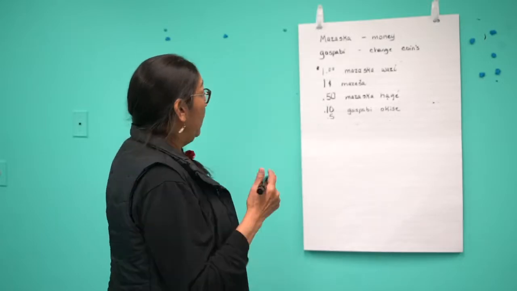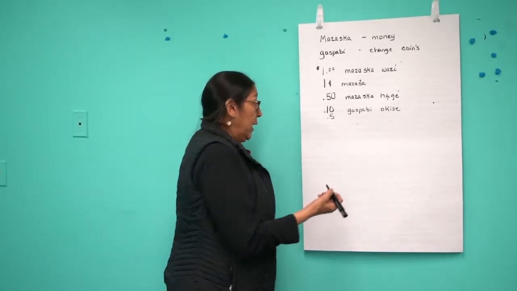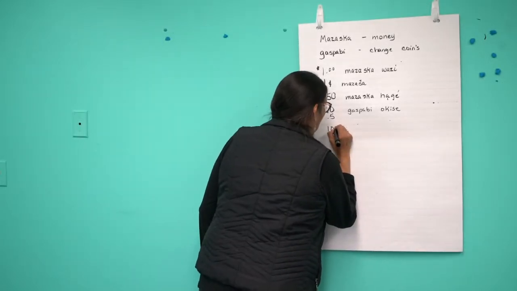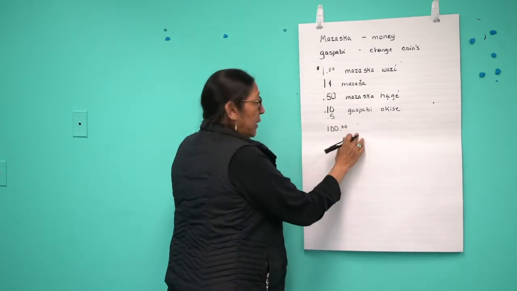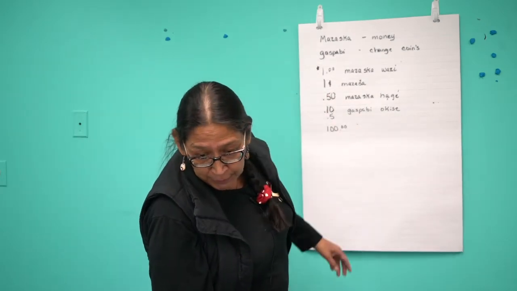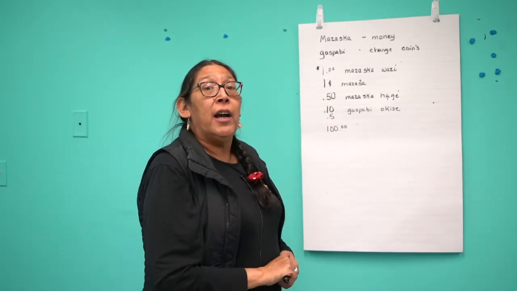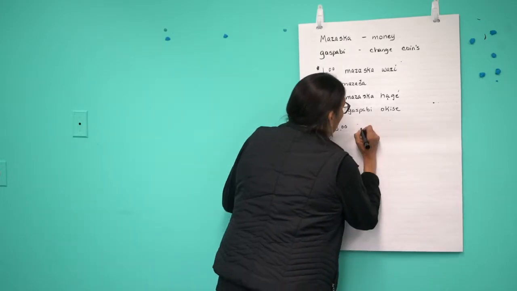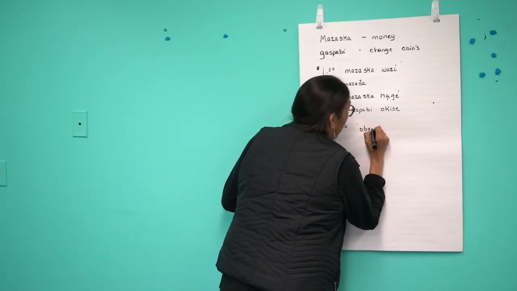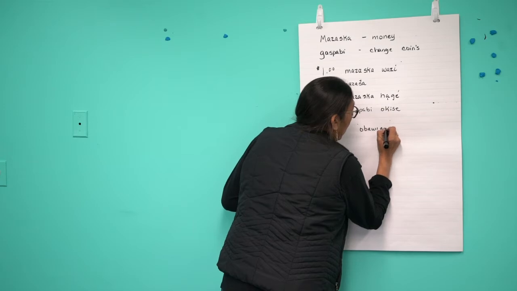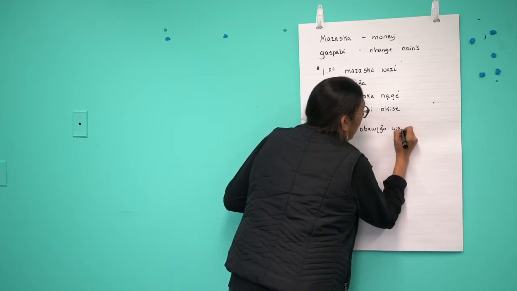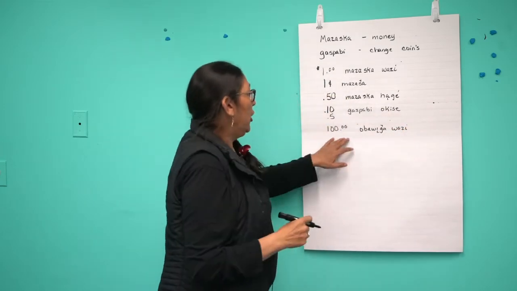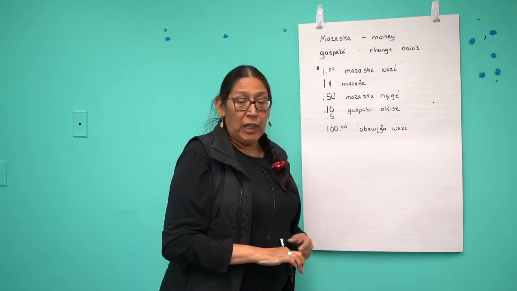Then you get down, if you're fortunate enough to have mazaska oda yuhachen, mazaska ne'ish $100 bill, obawinga waji. That is your $100 bill. Obawinga waji.